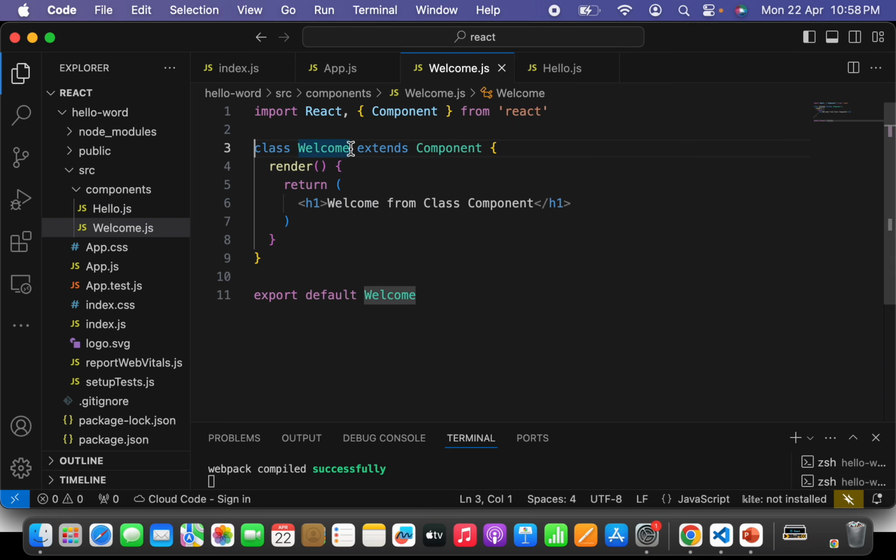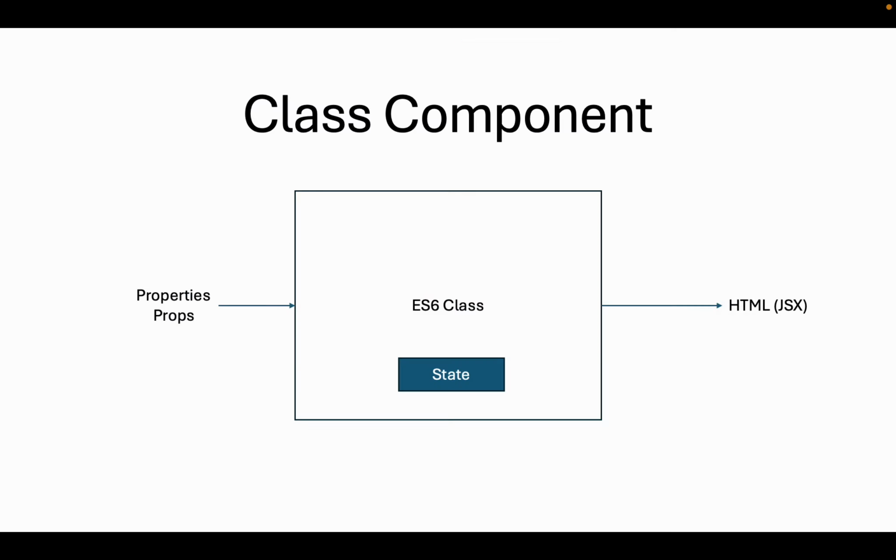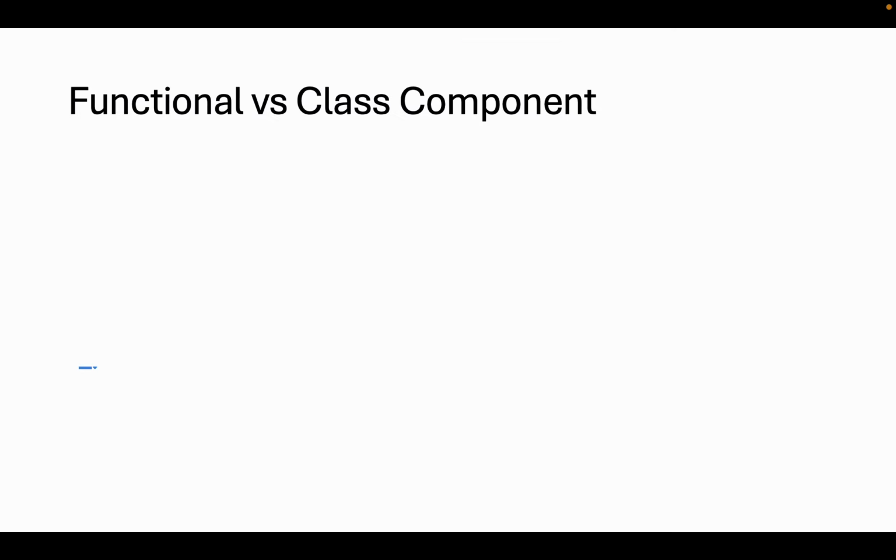In my Welcome component, which is a class-based component, I had created a simple JavaScript class, extended it with the Component class from React, which we imported on top, and then declared a render function, from where we are returning HTML. So let's see what the differences are between class-based and functional components, and where to use which. So let's move ahead: functional versus class-based components.